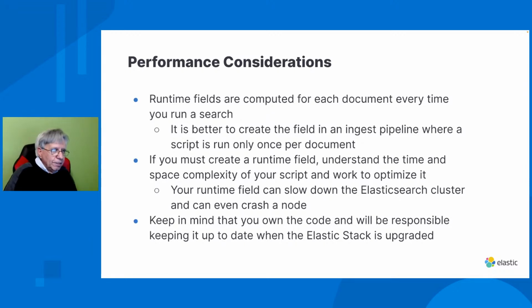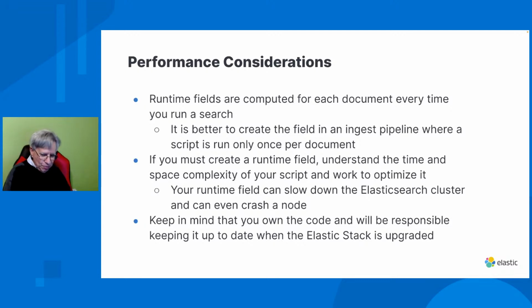If you must create a runtime field, understand the complexity, both time and space, of your code. If you don't know what that means, look it up. It's important. In the most practical sense, you need some theory of what is an efficient algorithm. Why was bubble sort not a good algorithm for sorting? Why should we do a binary search instead of a linear search? Why would that be?